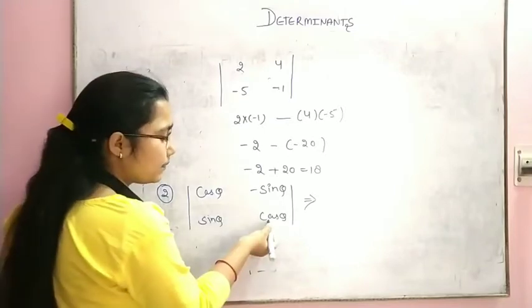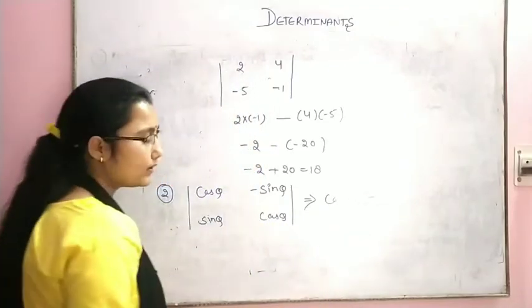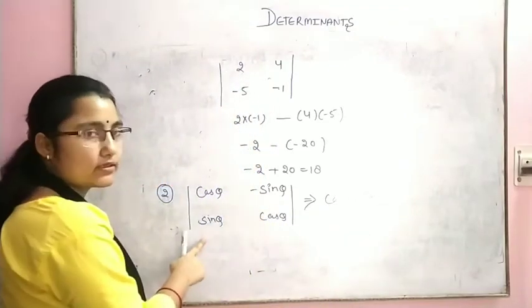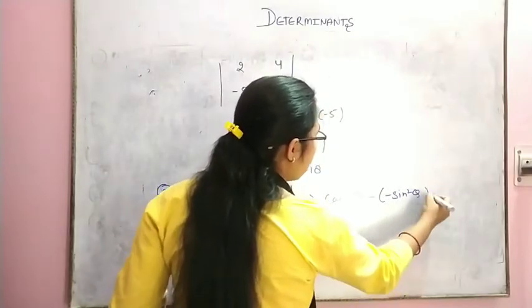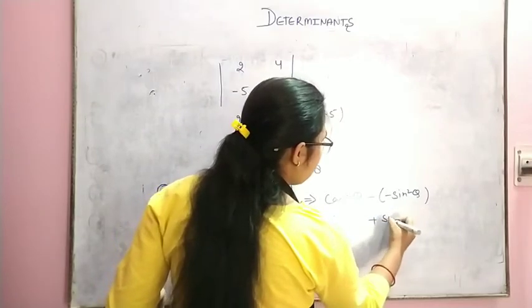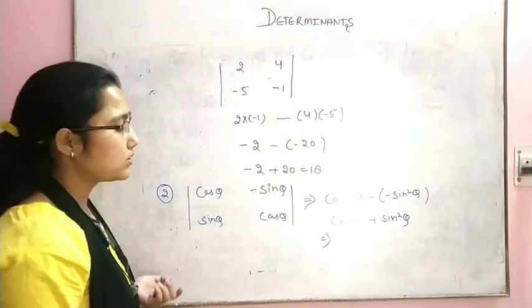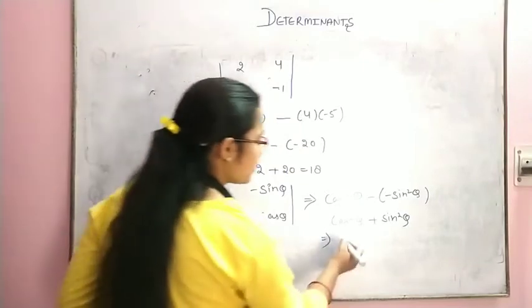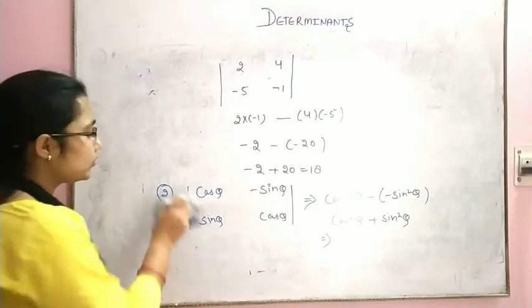So cos theta is multiplied by cos theta, we get cos square theta, and use a subtraction sign between them. Now minus sin theta and sin theta will be multiplied, we get minus sin square theta. Negative negative gets positive. This is cos square theta plus sin square theta. So by the first identity, cos square theta plus sin square theta equals 1. Okay. Now come to the next question.